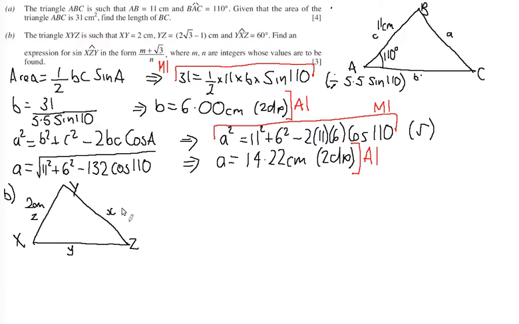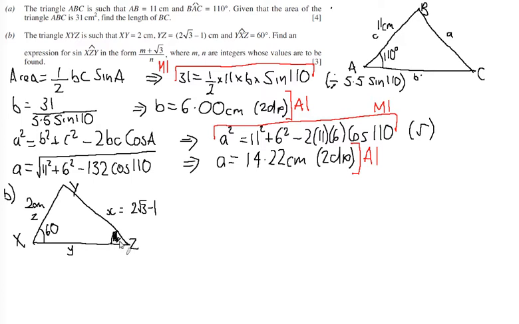We know that YZ is 2 root 3 minus 1 centimeters, and YXZ, so this angle here, is 60 degrees.